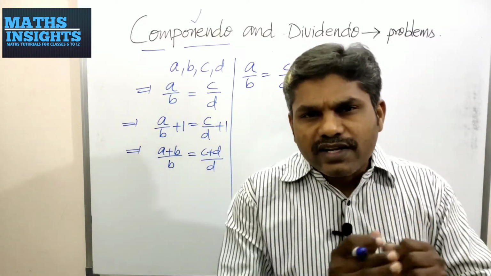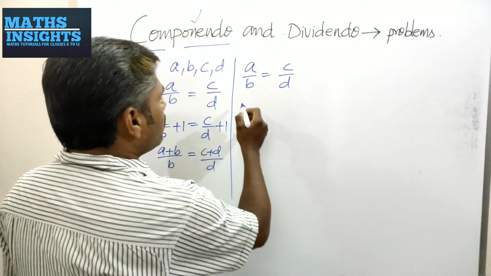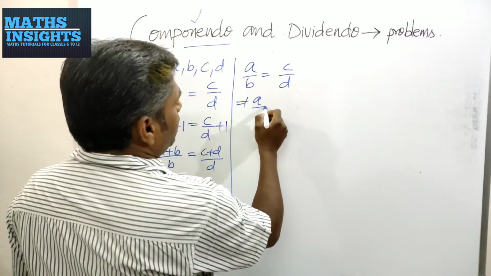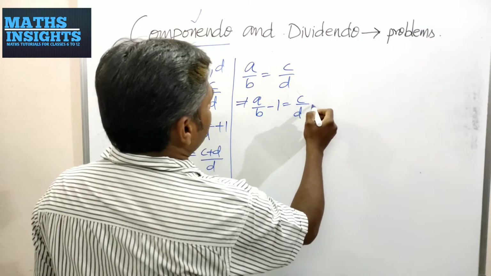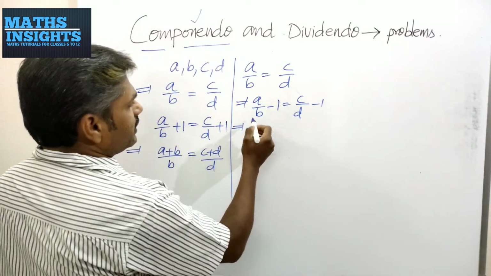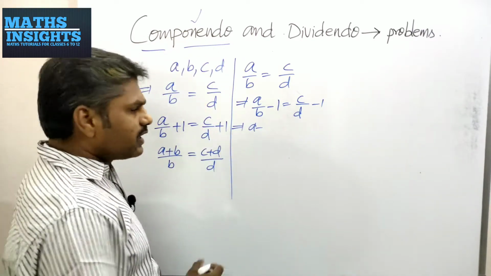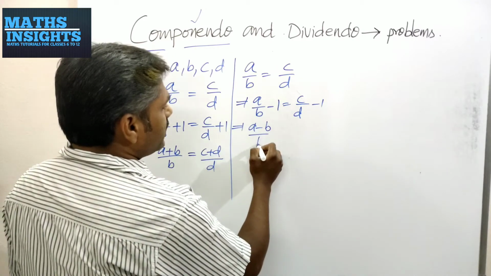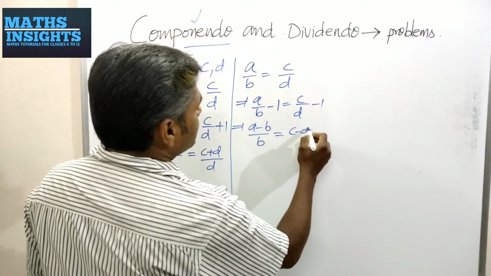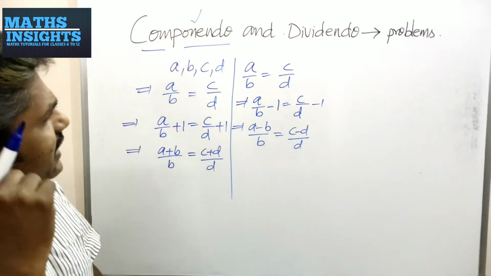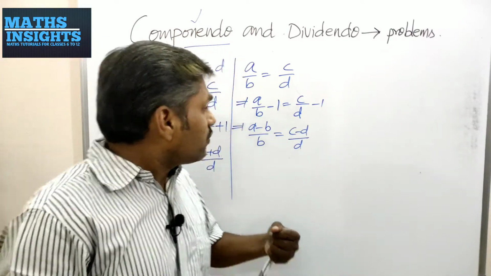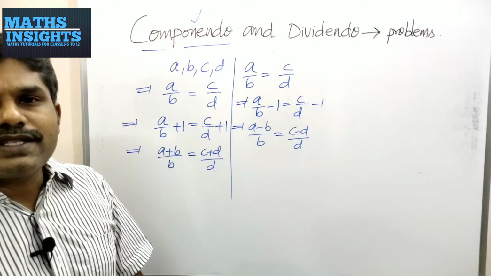Therefore a by b minus 1 equals c by d minus 1. If you take the LCM, it becomes (a minus b) by b equals (c minus d) by d. This is called dividendo of the quantities a, b, c, d.